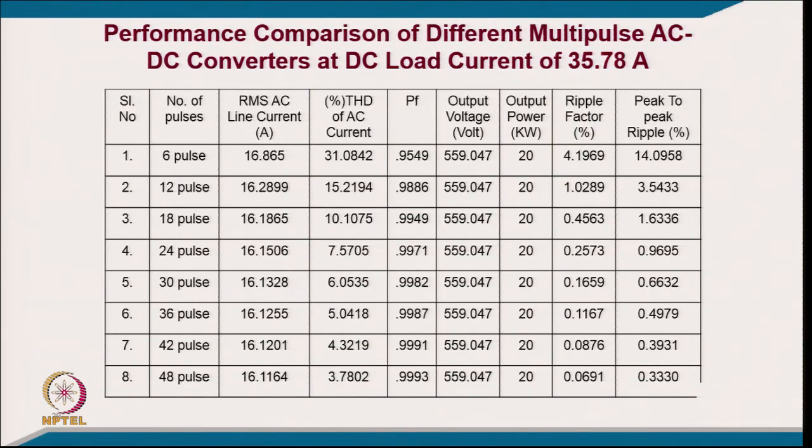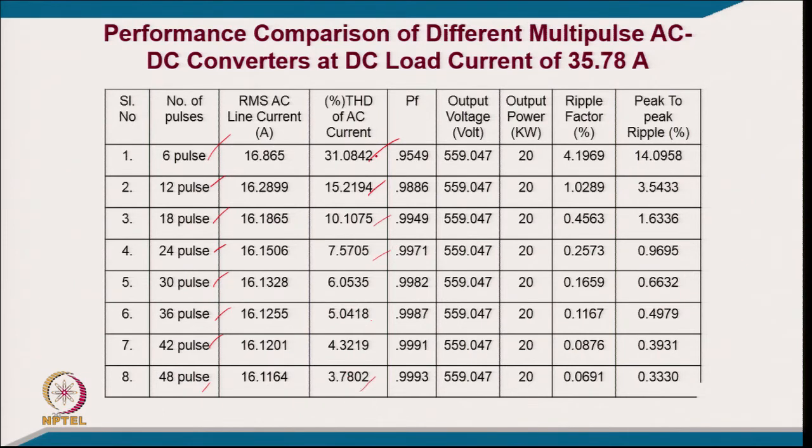Then we have the complete spectrum here of all these conventional converters, starting from 6 pulse, 12, 18, 24, 30 and 36, 42, 48. Of course, we can go to a higher number of pulses, but the winding of the transformers and the number of converters go on increasing. But you can see how the THD is reducing from 31 to 15 point something, then 10, 7.5, then 6 and 5, then 4.